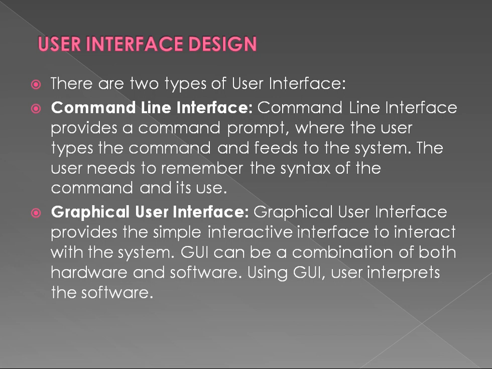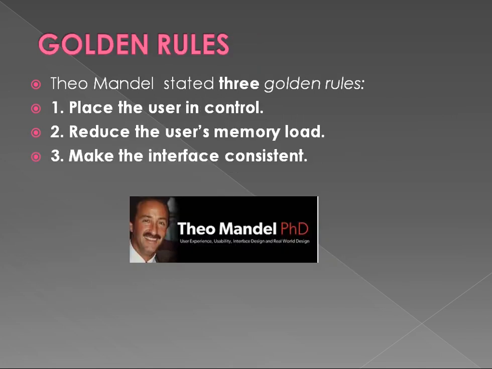In the same way, the graphical user interface provides a simple interactive interface system, a combination of both hardware and software, right? There are many examples. Nowadays everyone prefers the GUI, graphical user interface.